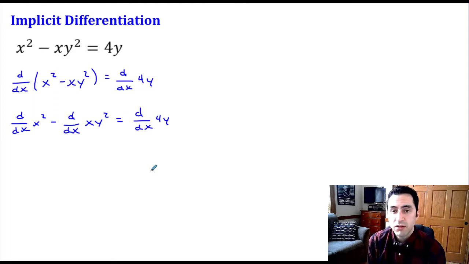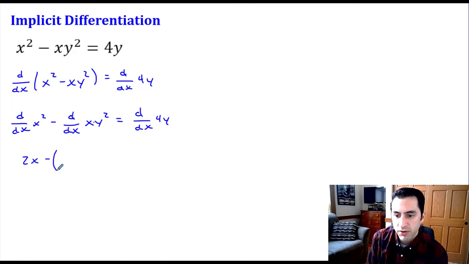The derivative with respect to x of x squared, using the power rule, is just equal to 2x. Now when I move on to my second term, I have two pieces being multiplied together, so I have to use the product rule. I'll put this in parentheses.